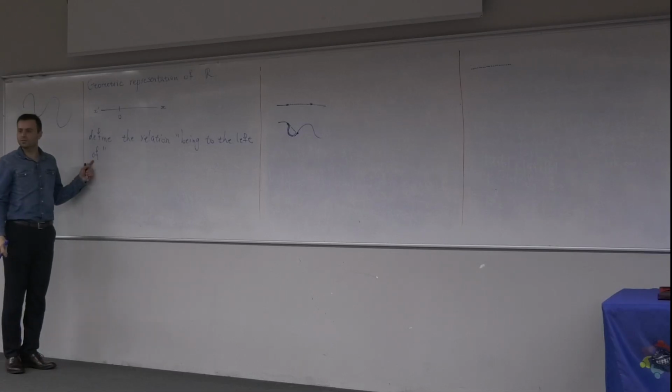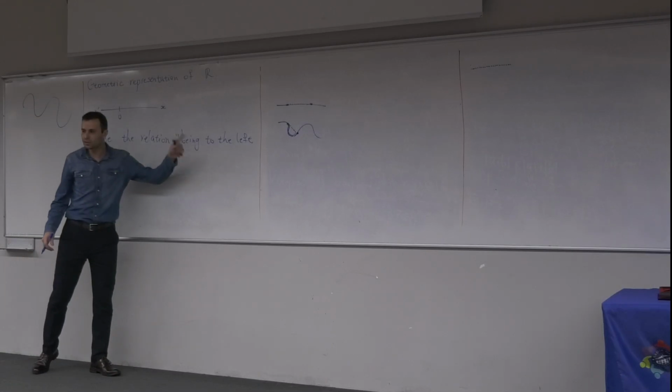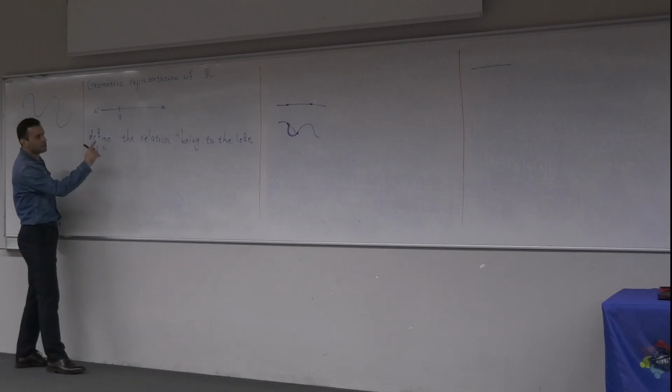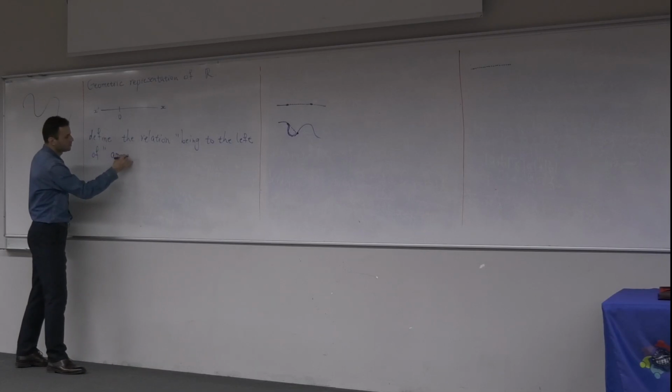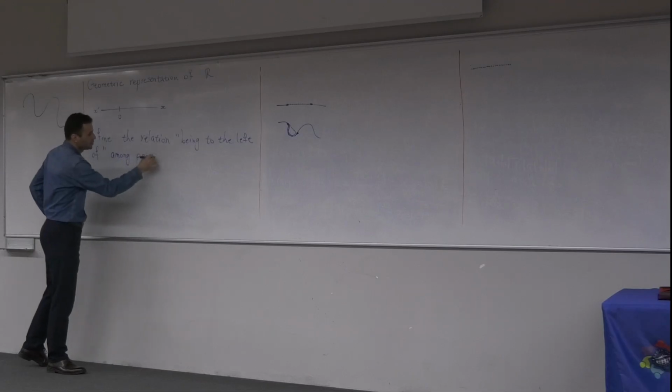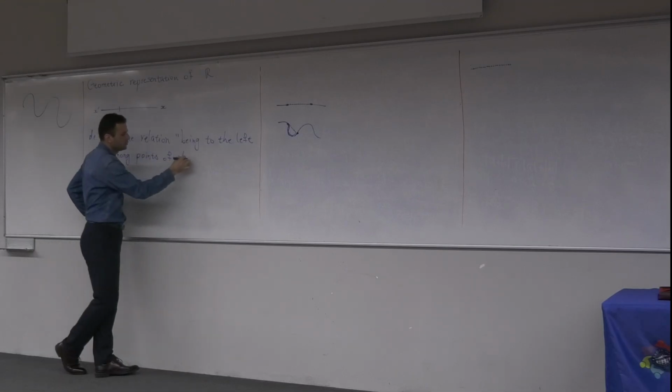Here I'm trying to trust your intuition. What do I mean by being to the left of? Define the relation of being to the left of among points of the line.